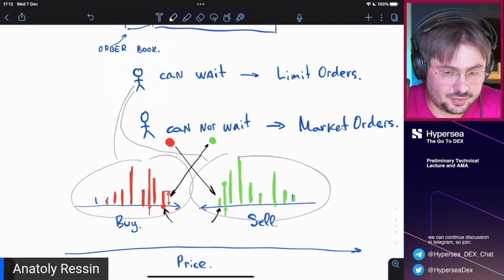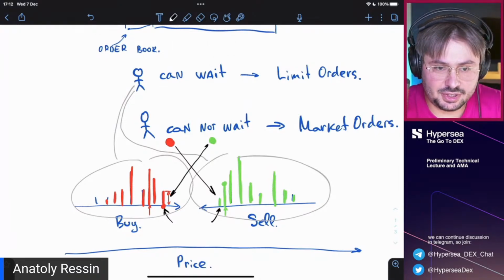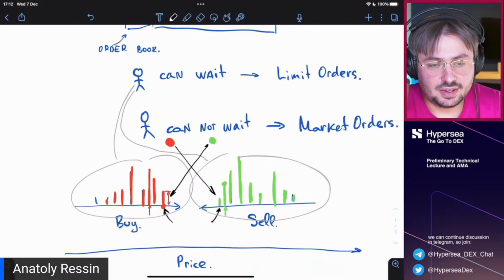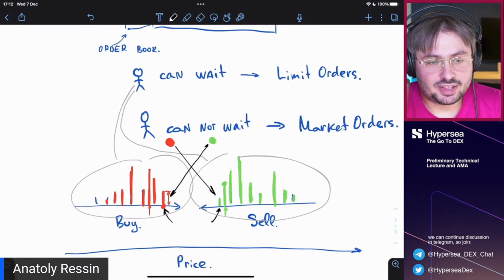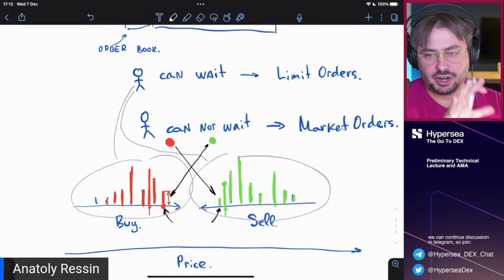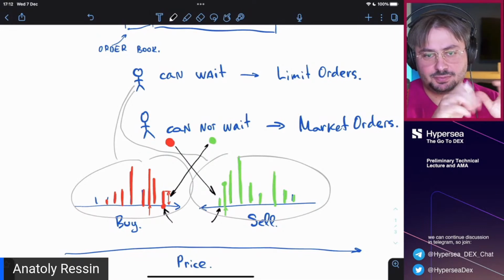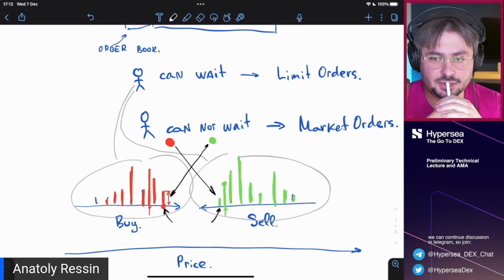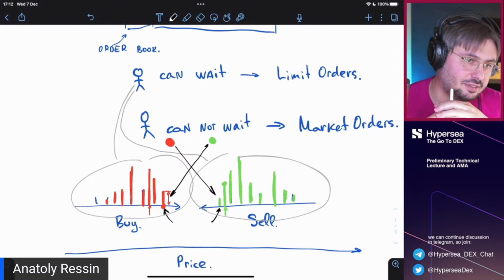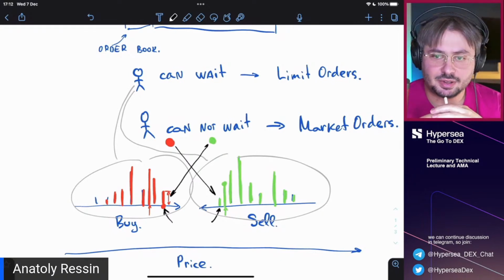But actually we can say that these are two parts of users that are providing limit orders, that are trading against limit orders with market orders.